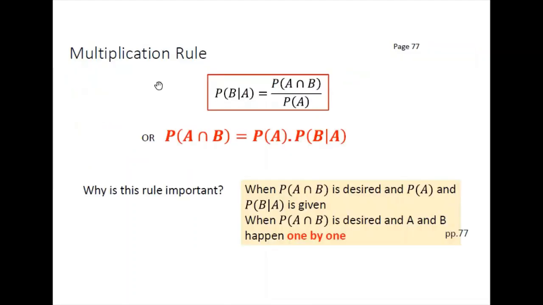But what is multiplication rule? In the previous part we talked about conditional probability and the conditional probability definition.